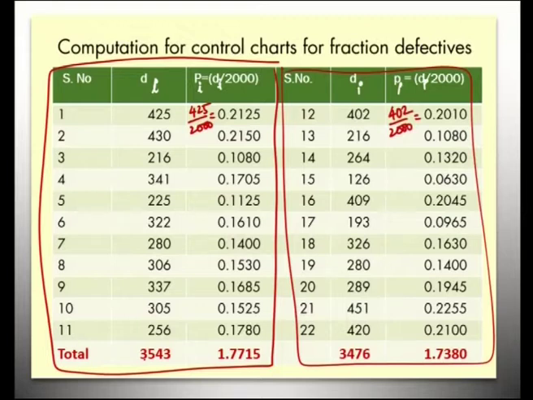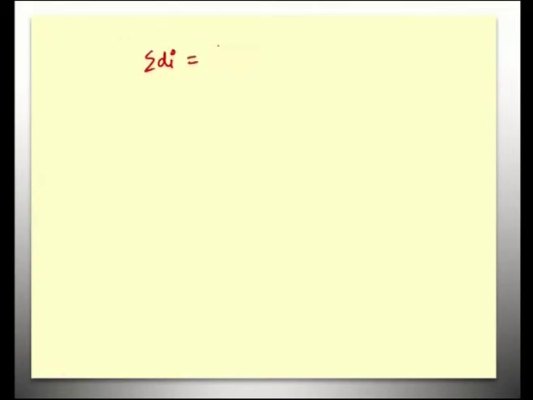Therefore, summation Di is the total starting from 425 to 420. Since it is divided into two parts, just take 3543 plus 3476, and this is equal to 7019.